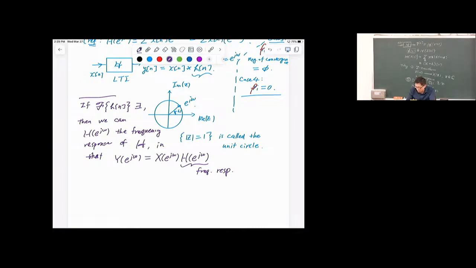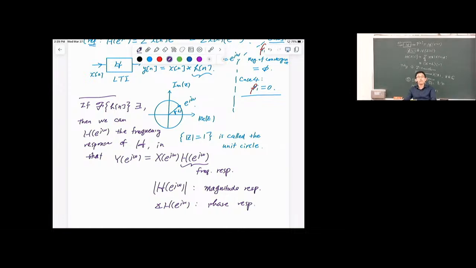and we can talk about the magnitude response. If you take the absolute value, then this is the magnitude response. And if we just consider the angle of the frequency response, then this is called the phase response, as functions of frequency.